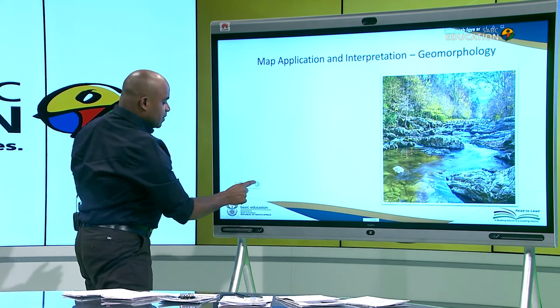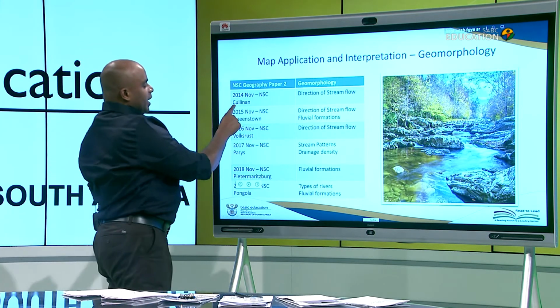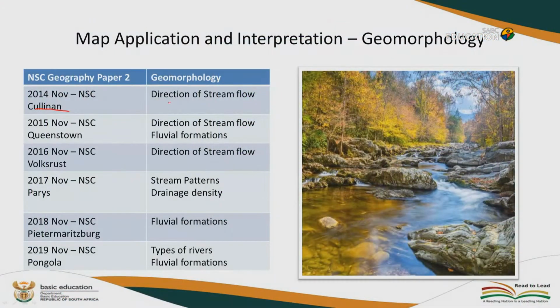After analyzing from 2014 to 2019, the following is evident. In 2014, the direction of stream flow was examined. Again, in 2015, the direction in stream flow as well as fluvial formations. Notice in 2016, again, directions in stream flow. 2017, stream patterns and drainage density. 2018, fluvial formation.